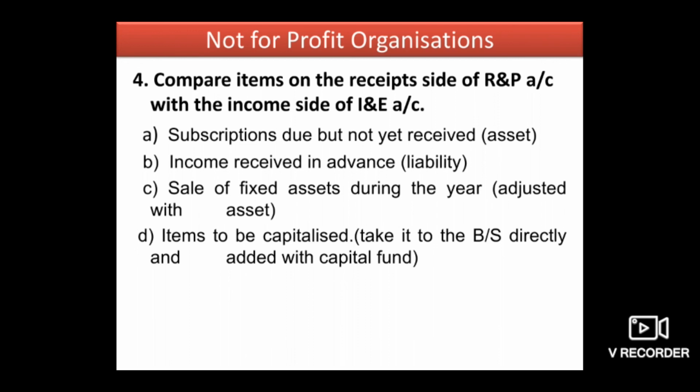And items to be capitalized, that means there may be some items that should be capitalized, and those items can be taken from the receipt side of the receipts and payments account. Take it to the balance sheet directly and add it to the capital fund. So while comparing the receipt side of the receipts and payments account and the income side of the income and expenditure account, these items will be taken in order to record them in the balance sheet.